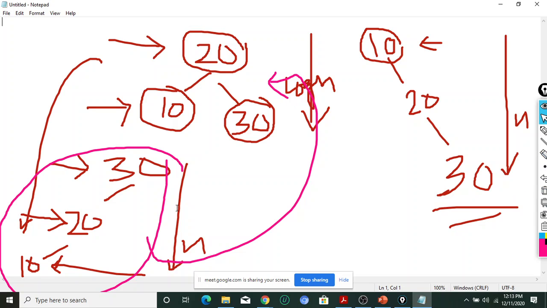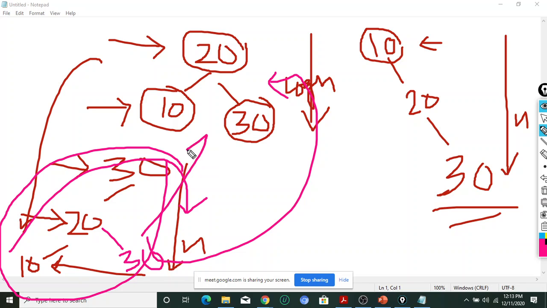Here, what is the procedure by which we can improve this type of binary search tree? For example, for simplicity, if I make 30 the right child of 20, then we can get this type of picture. Yes or no?